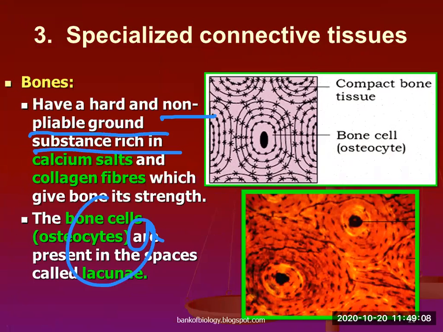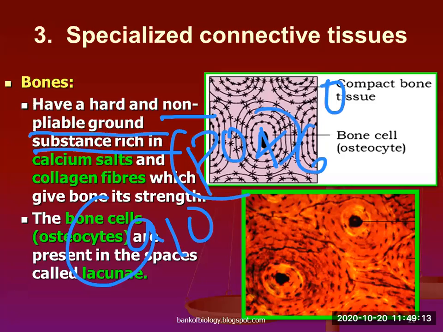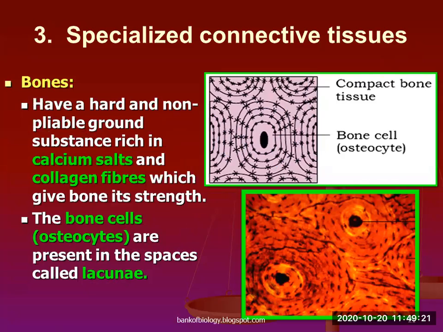The calcium salt is Ca10(PO4)6(OH)2. We say it as calcium phosphate or calcium hydroxyapatite. That is simply said to be in the form of calcium salts. But the property to remember is non-pliable ground substance.